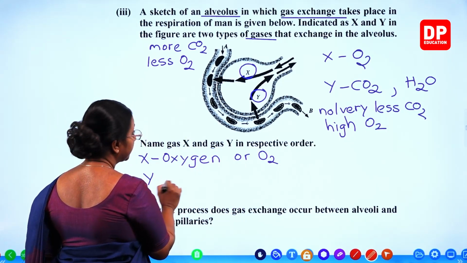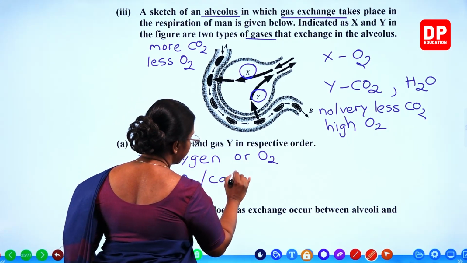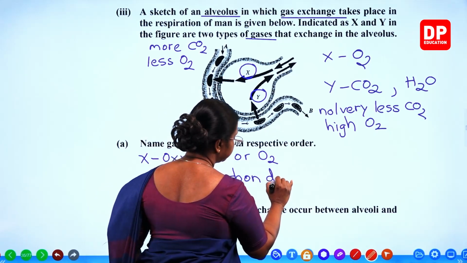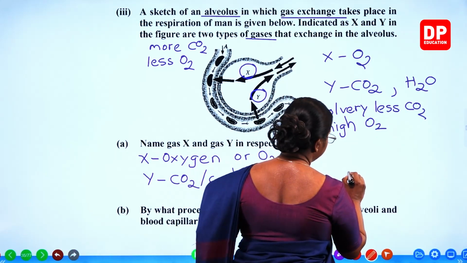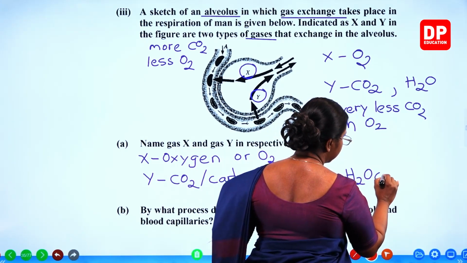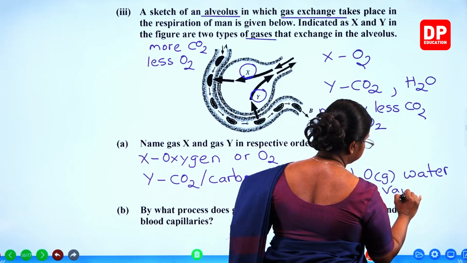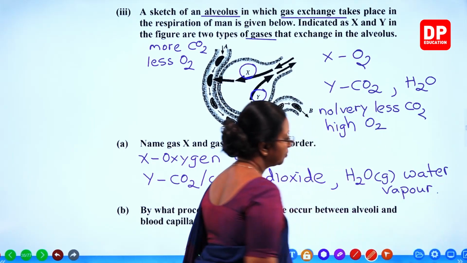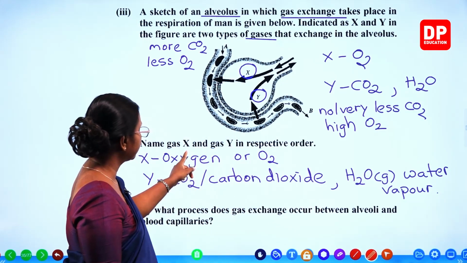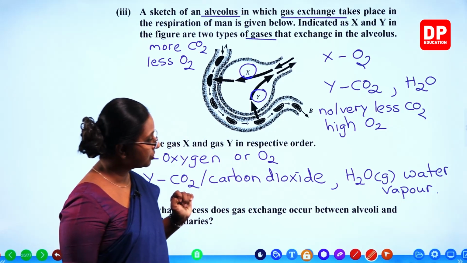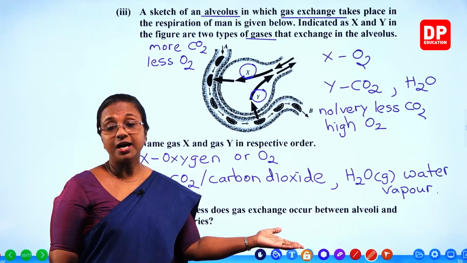And Y has to be CO2 or carbon dioxide. You can also give H2O gas, that is water vapor. So both can be given. Mainly it is carbon dioxide since they have asked for a gas, but since water is also in the vapor stage, that will also be there in the exhaled air.